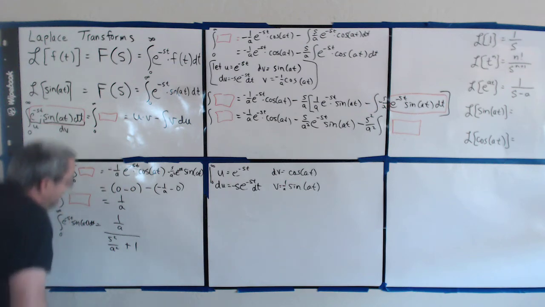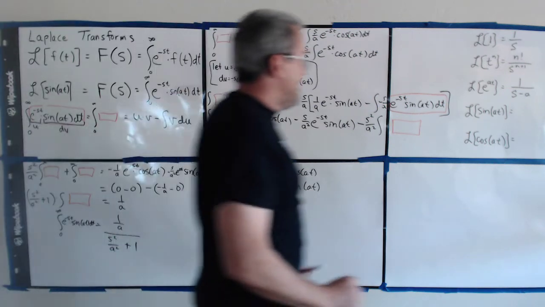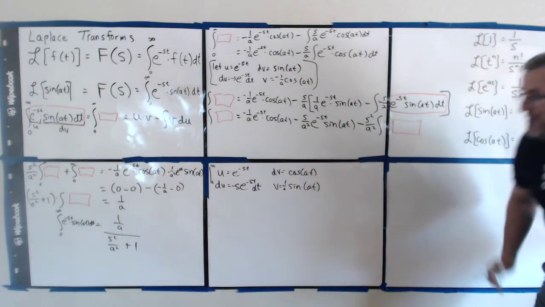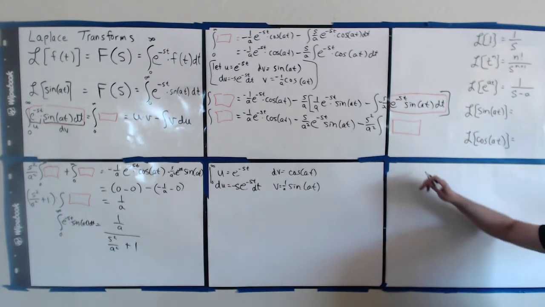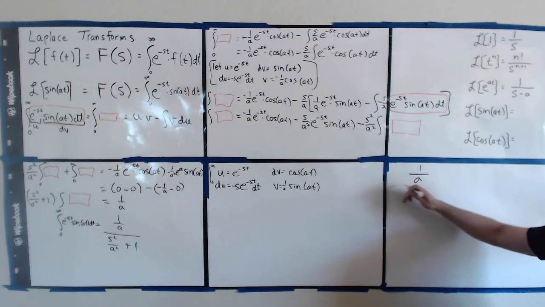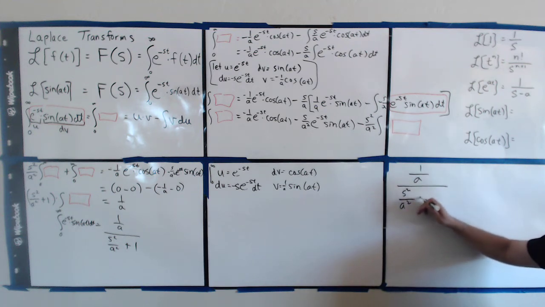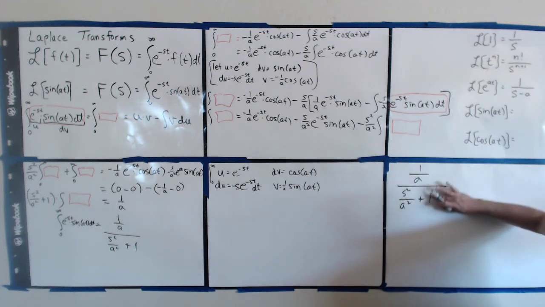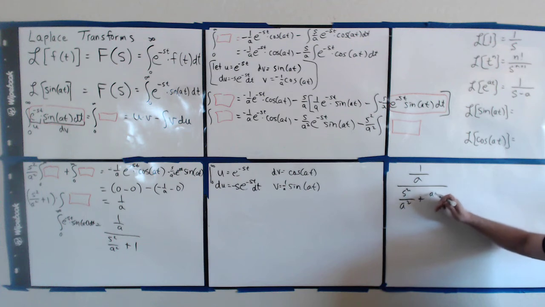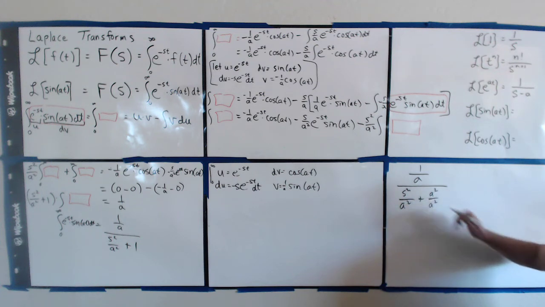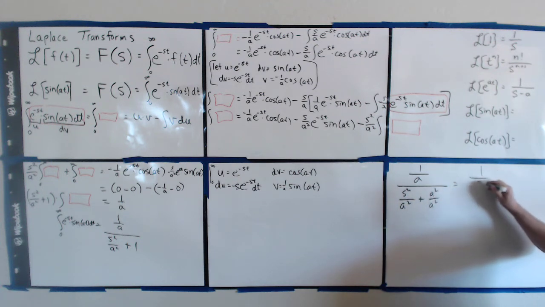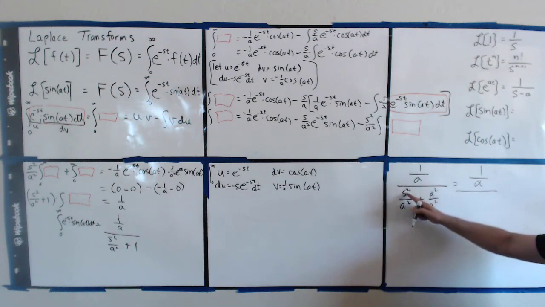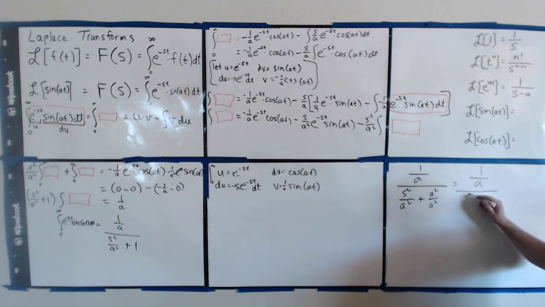Now, we're not going to leave it in that form. Let's get over here and make it look a little bit prettier. What we have is 1 over a divided by s squared over a squared plus 1. Let's make that look a little bit nicer. Do y'all believe that 1 is the same as a squared over a squared? And so what we have is 1 over a over s squared plus a squared all over a squared.